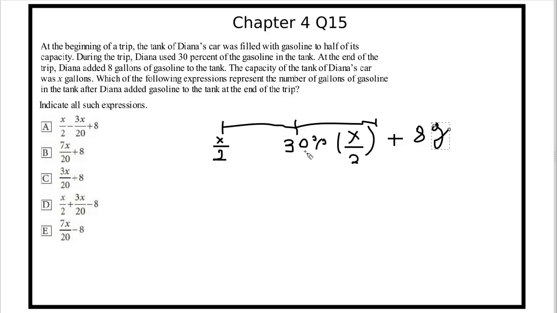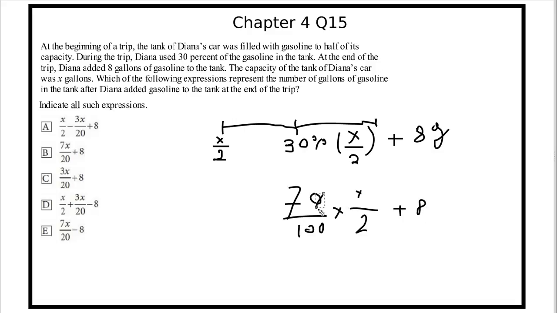But I don't think it's 30% that you'll use here. Here you'll use the 70%, as you are adding to the actual amount in the car, not the amount used, not the amount consumed. So you use the 70%, so it's 70 over 100 times x over 2, and all of this will be plus 8.